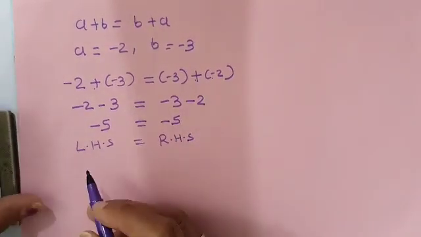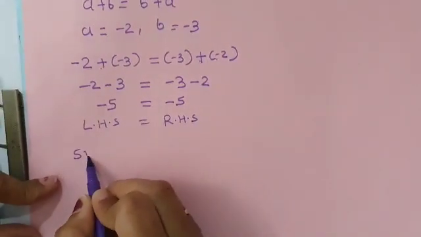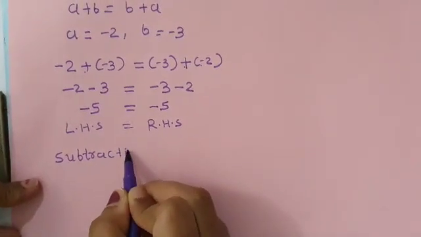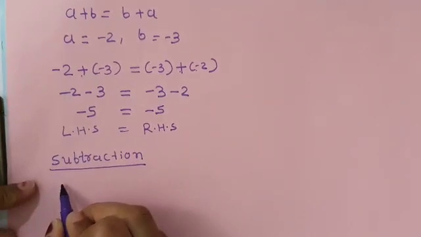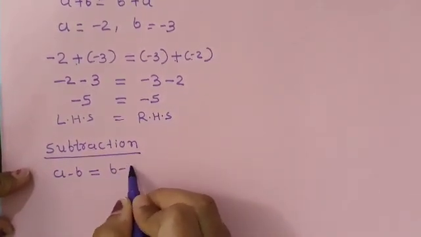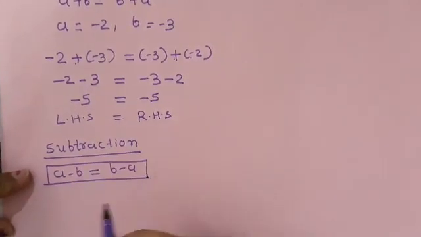Now let's check this same property for subtraction. A minus B is equal to B minus A. Now here we have to check this statement.